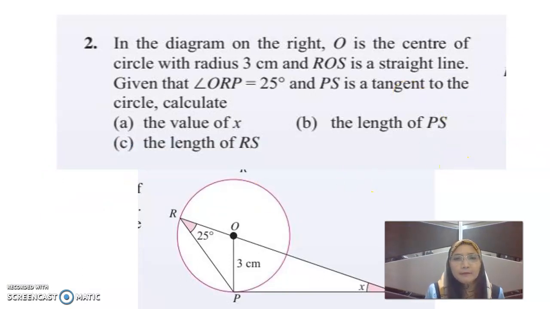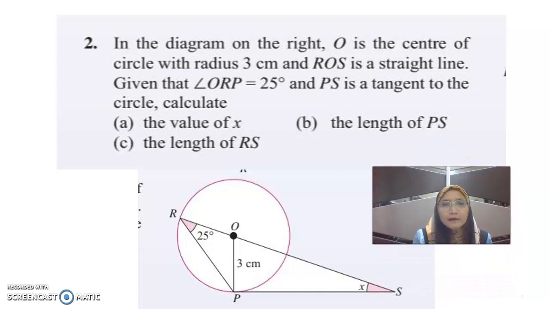In the diagram on the right, O is the center of a circle with radius 3 cm, and ROS is a straight line.